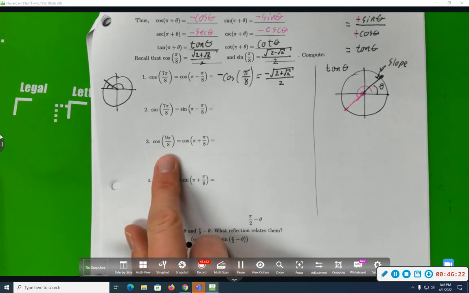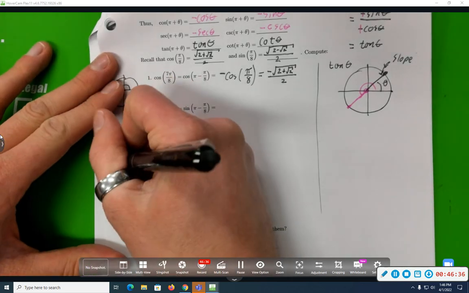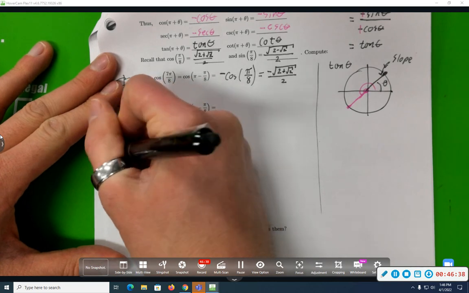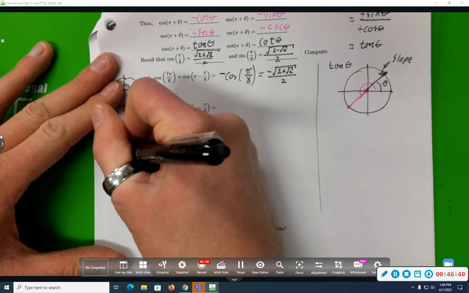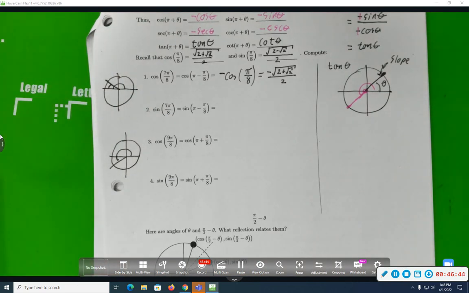So let's try to compute the cosine of 9 pi over 8. So to understand 9 pi over 8, well that's pi, and then next to pi over 8. So drawing the picture, go forward by pi, and then go a little bit further. So it looks like that's the thing that corresponds to a reflection over the origin.